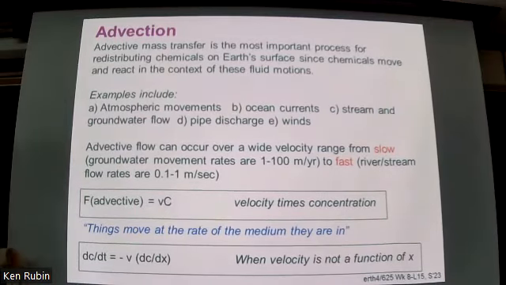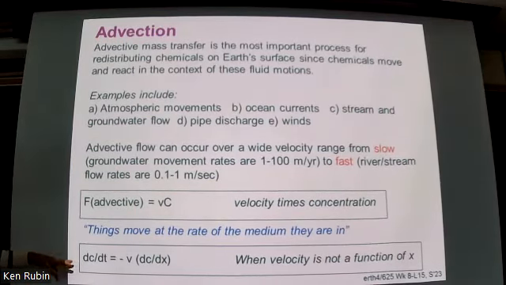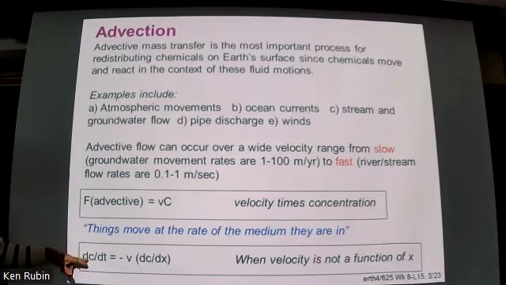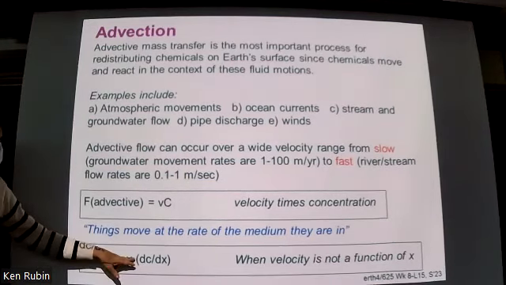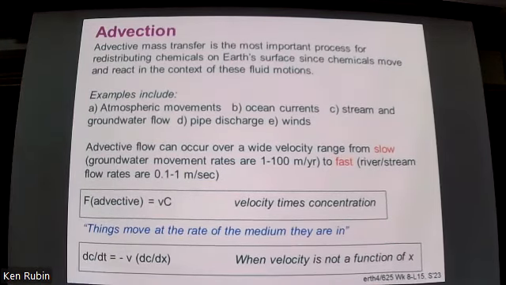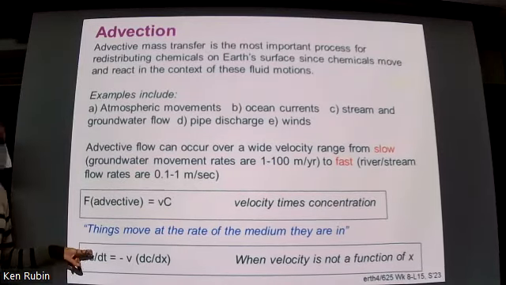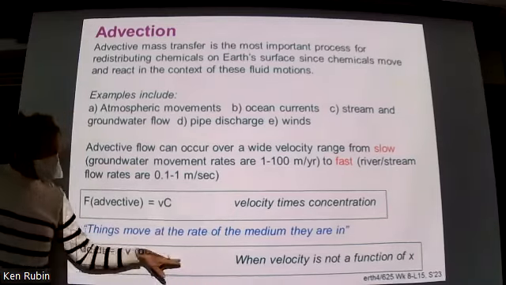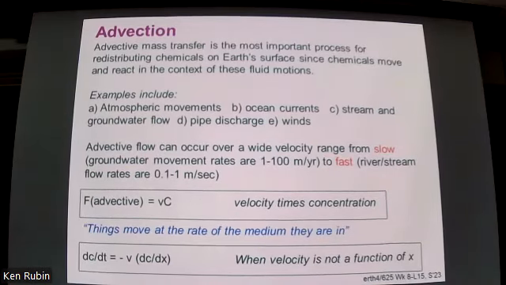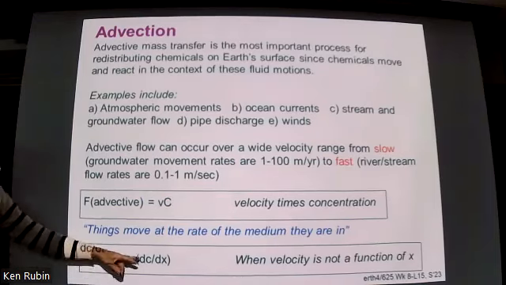Now, if we want to look at the change, the first derivative, the change of concentration over time, then it just looks like minus v times the change in concentration over x. Again, this is a concentration gradient. And we have to be careful to note that this is the simple version for when the velocity is not a function of x.